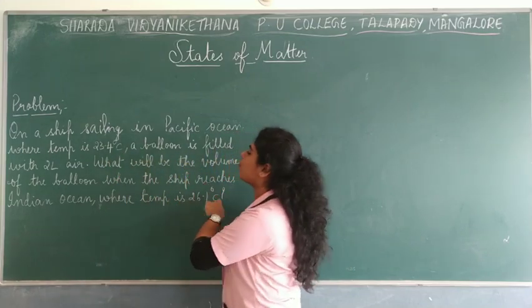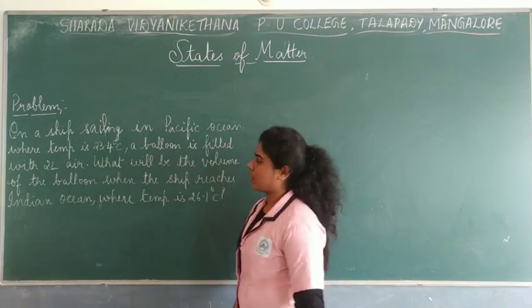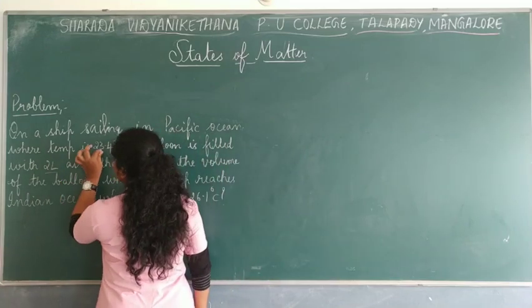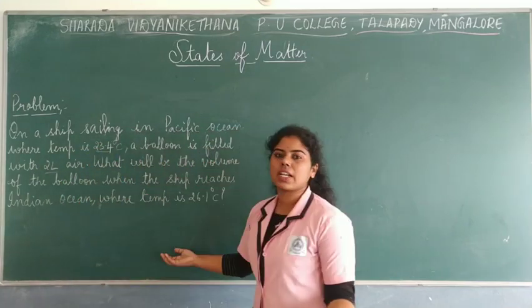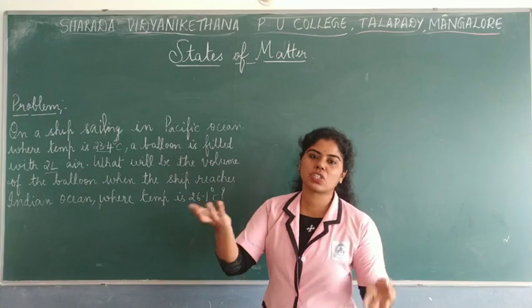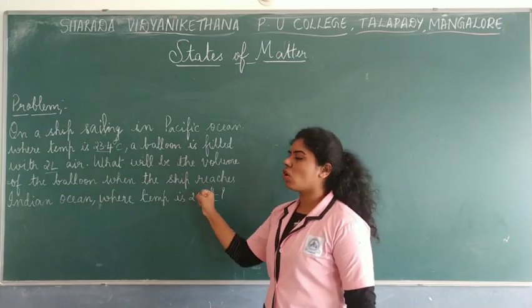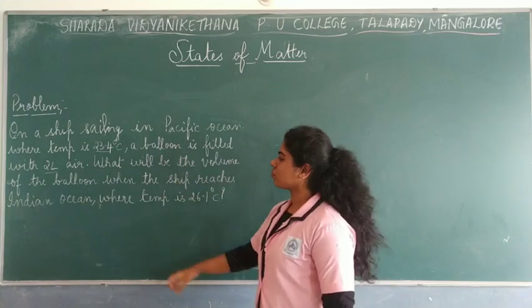A balloon is filled with 2 liter air, right? So volume is given and the temperature is given. What we study, that is Charles law, is obviously the temperature and volume relationship. So we come to know this is from Charles law.